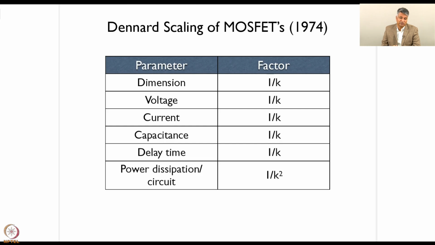And the power dissipation, more importantly, goes down by k squared, because power is basically voltage times current.